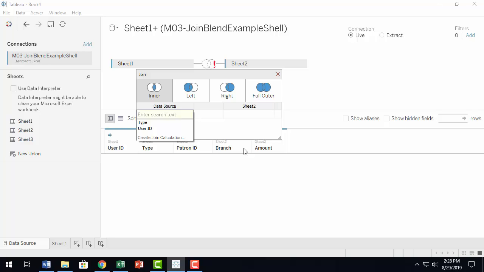If you have a record in the left table and there is no corresponding record in the right table, then that observation is left out, and the reverse also will be left out. If you do not have a record here, but you have a record in the right table, that also will get left out. So, you must have a record in both the left and the right tables, then it will be included in the result. Let us look at how that is going to happen.